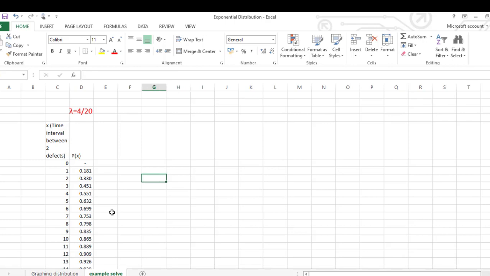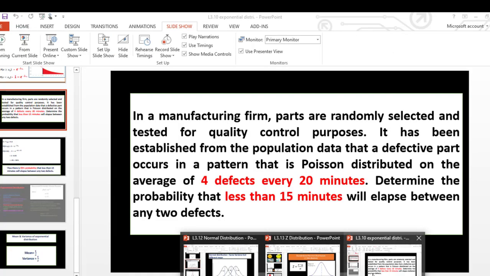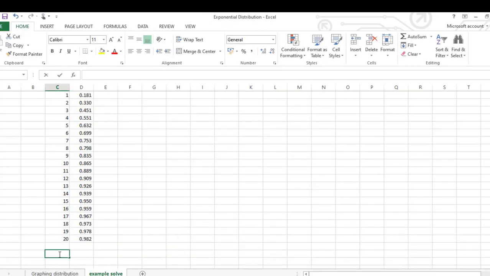Now what we are required to calculate? We are required to calculate that what is the probability that less than 15 minutes will elapse between two defects. Okay, so x is less than 15.